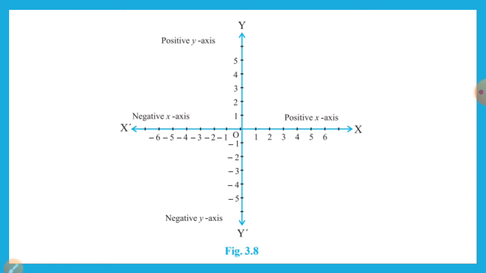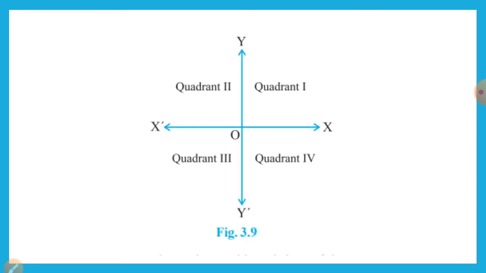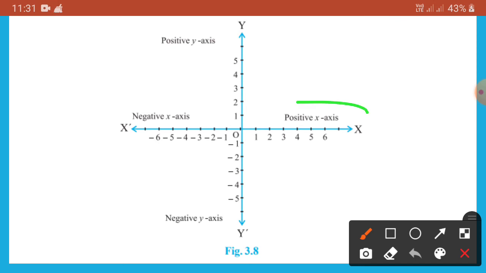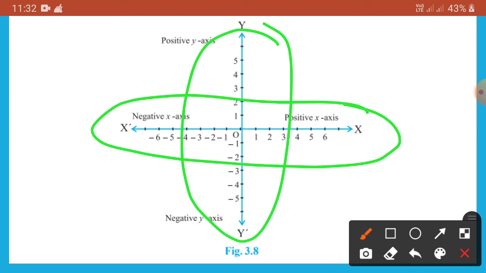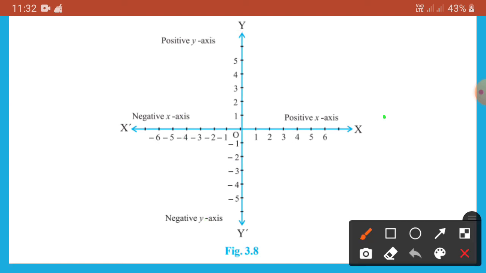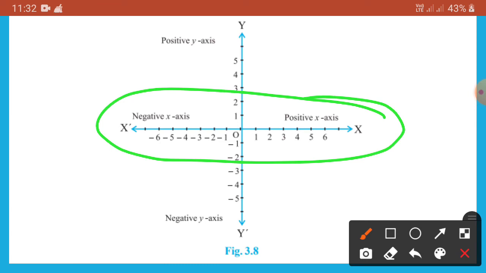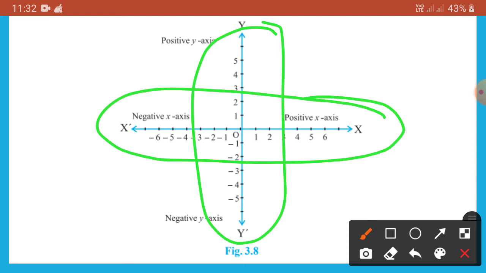The horizontal line x'x is known as the x-axis, and the vertical line y'y is known as the y-axis.